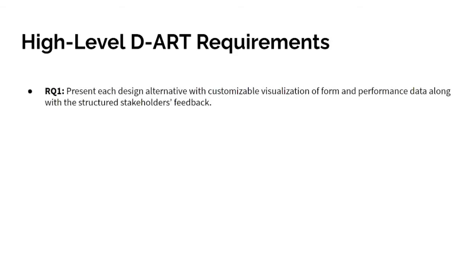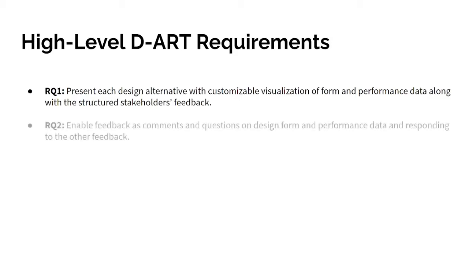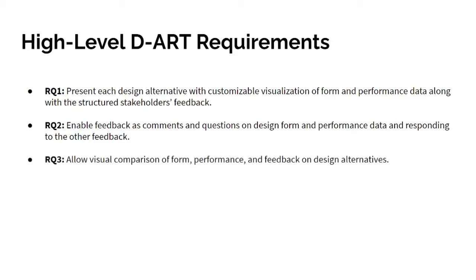The first requirement is to present each design alternative with customizable visualization of form, performance data, along with the structured stakeholders' feedback. The second requirement is to enable feedback as comments and questions on design form and performance data, and responding to each other's feedback. Third is to allow visual comparison of form, performance, and feedback on design alternatives.